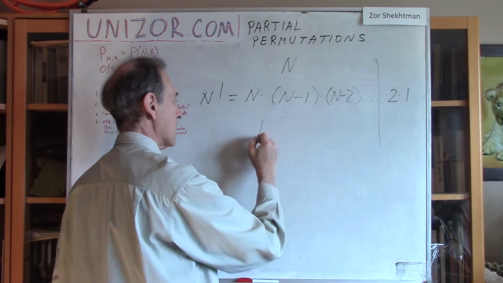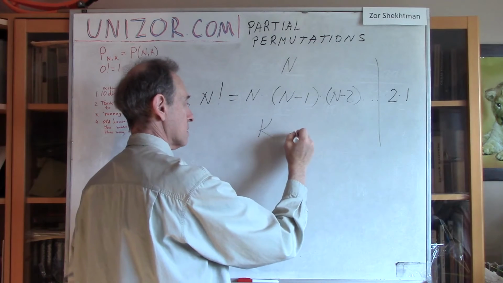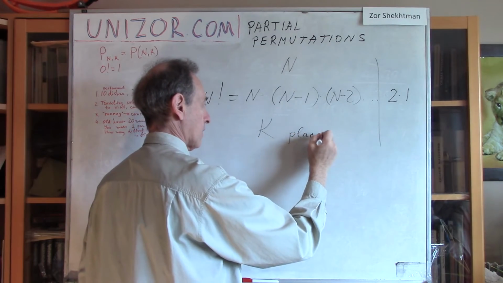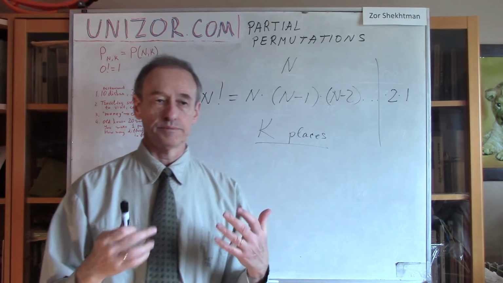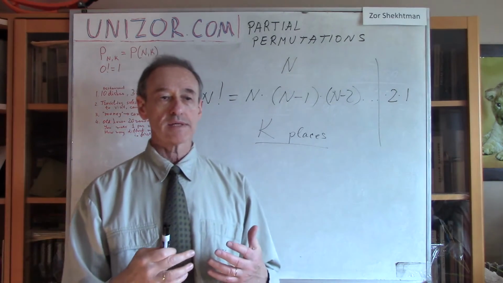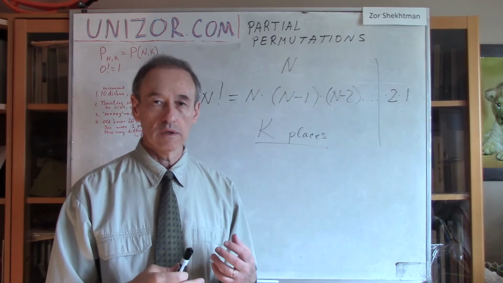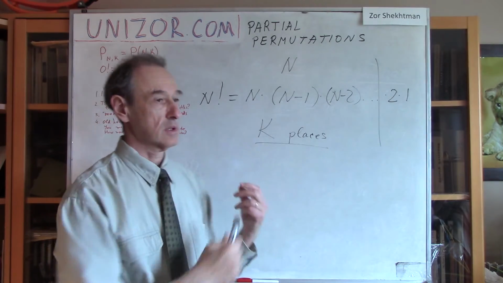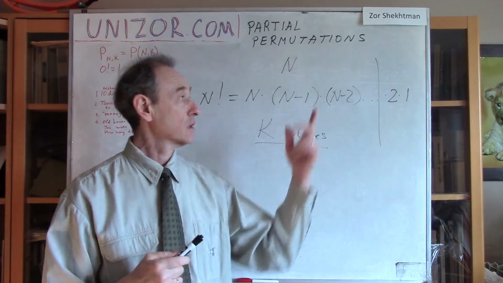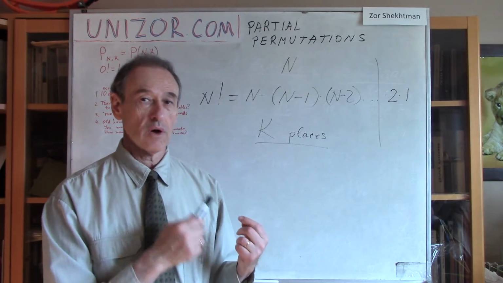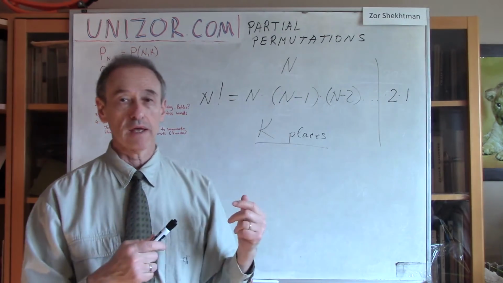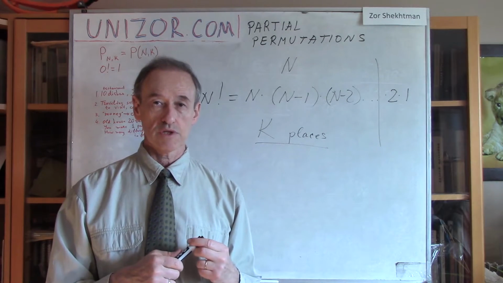Let's say we have k places. So basically our task is not only to position certain objects in certain order, but we have to actually pick only k objects out of n and put them into these positions.